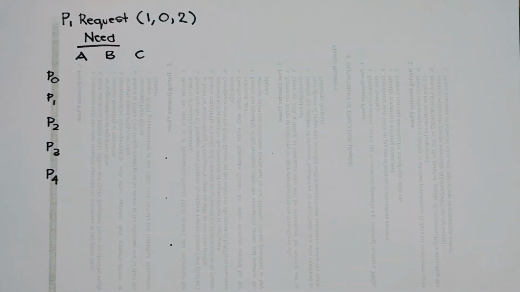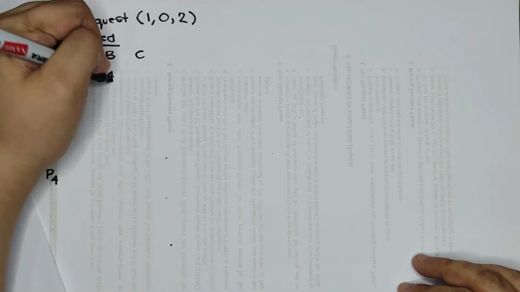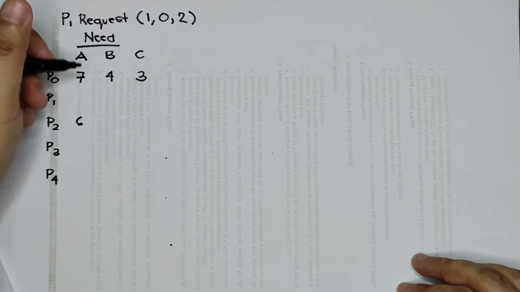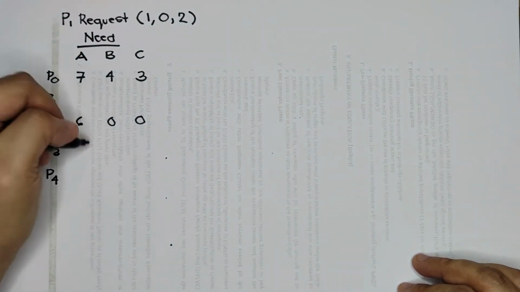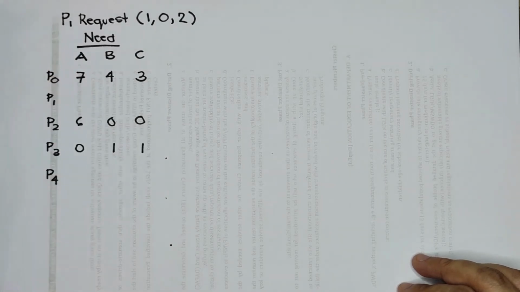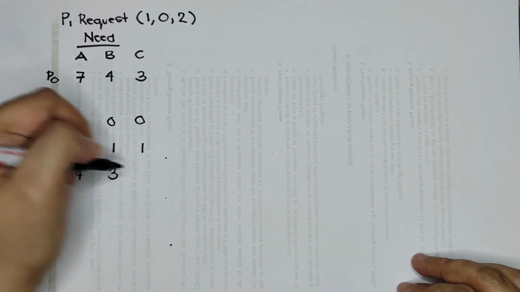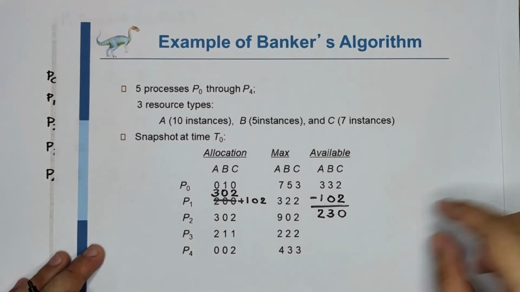Actually, the only change here is P sub 1. So, P sub 0 just remains the same. As you can remember, we have 7, 4, 3. And then P sub 2 is 6, 0, 0. P sub 3 is 0, 1, 1. And P sub 4 is 4, 3, 1.